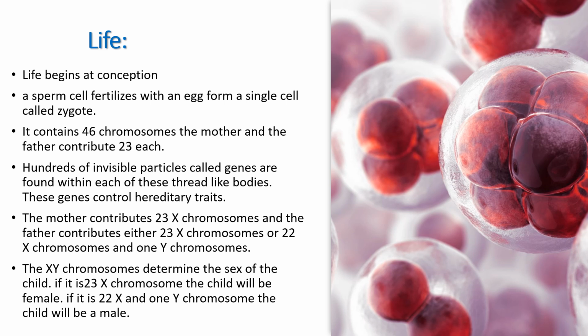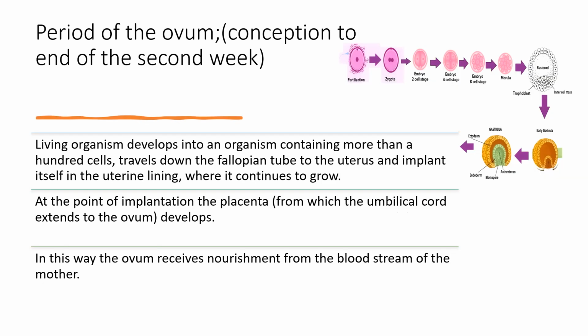chromosome. You understand? Looking at the period of the ovum, as we have discussed, conception to the second week, all living organisms develop into an organism containing more than 100 cells. We know that. So they travel down the fallopian tube to the uterus and implant itself in the uterine lining where it continues to grow.